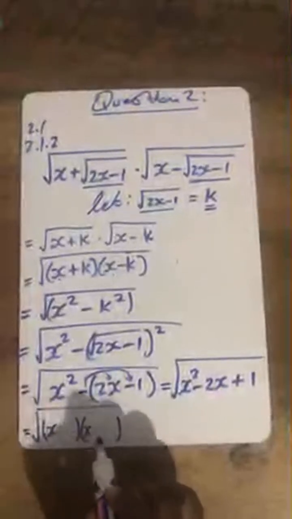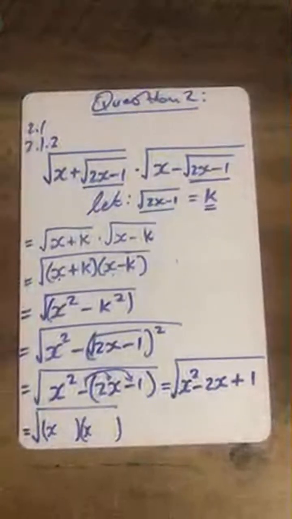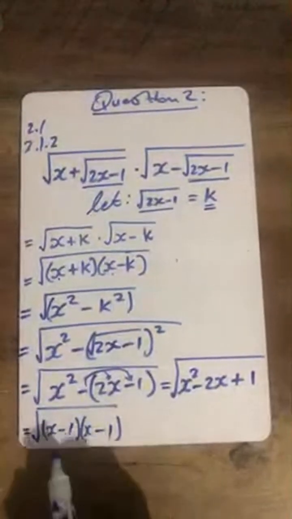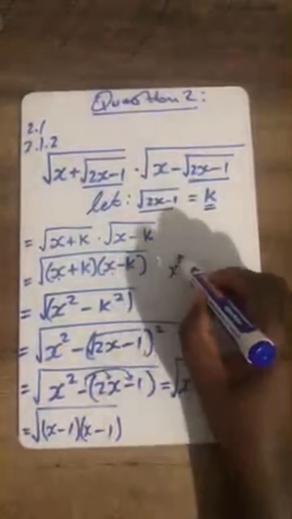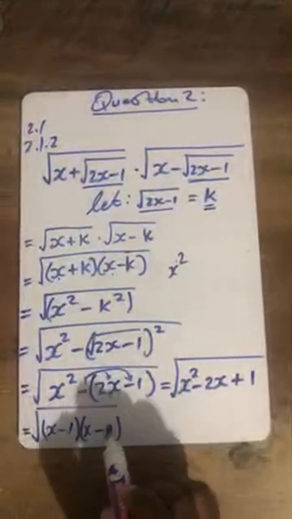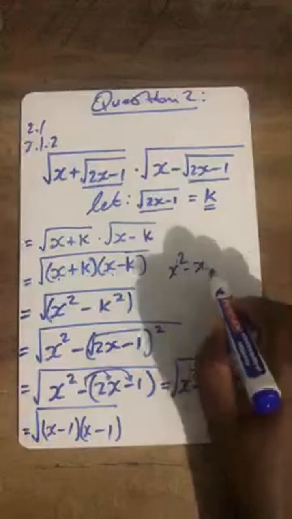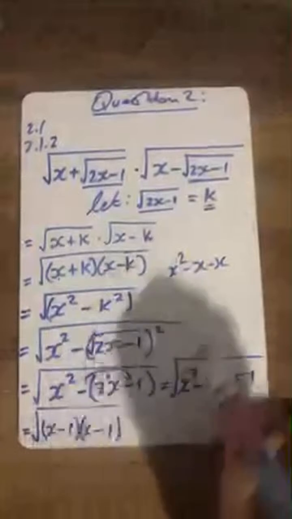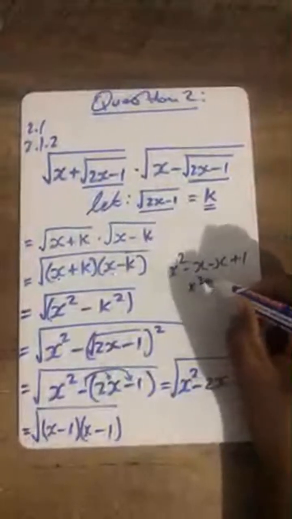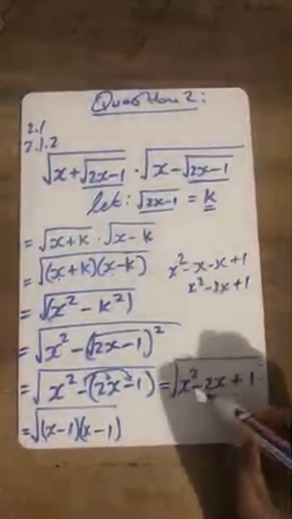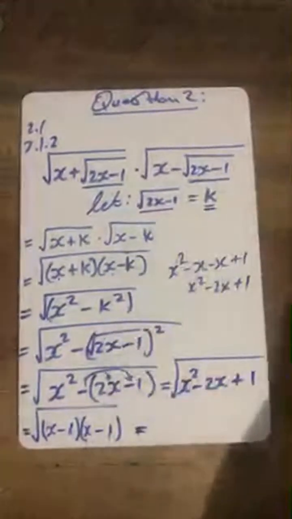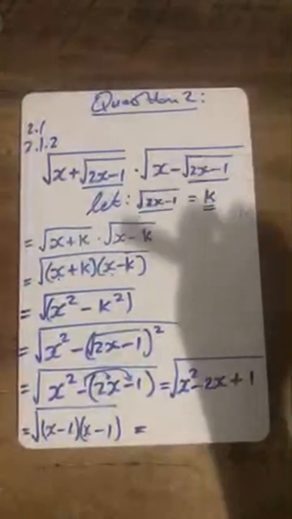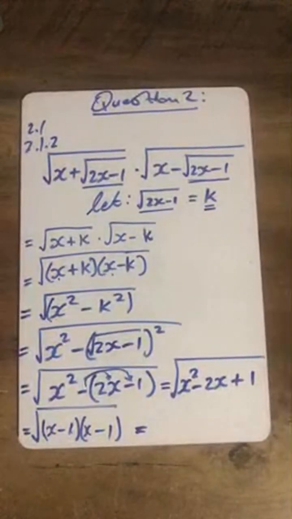If we say x there, and then if we say -1, x times x will give us x squared. x times -1 will give us -1x. x times -1 will give us -1x. -1 times -1 will give us +1. Yes, it does take us back to there. Yes, that means it can be factorized.